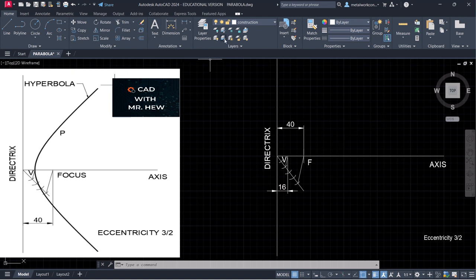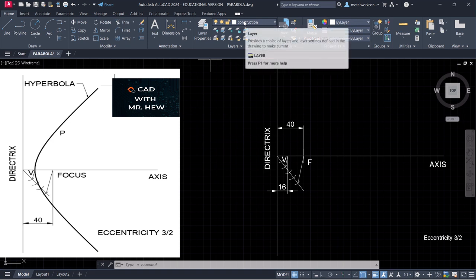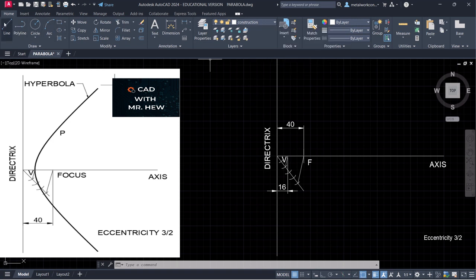The first thing we're going to do is make sure that we're on our construction layer. We're going to go to line. We're going to turn on our snap and the ortho. Then we're going to draw the first radius, which would be 60.